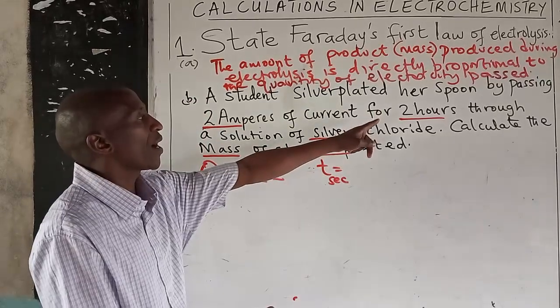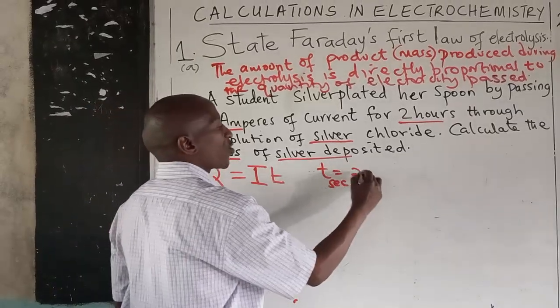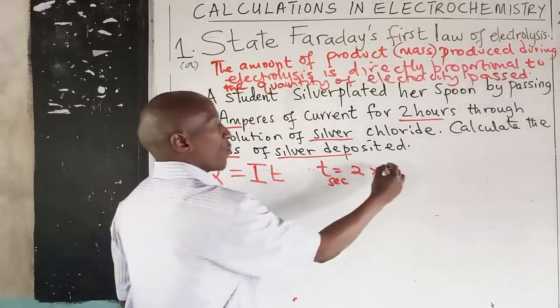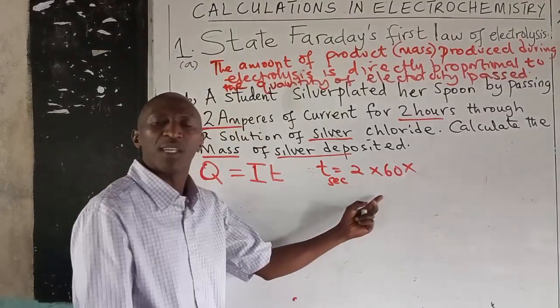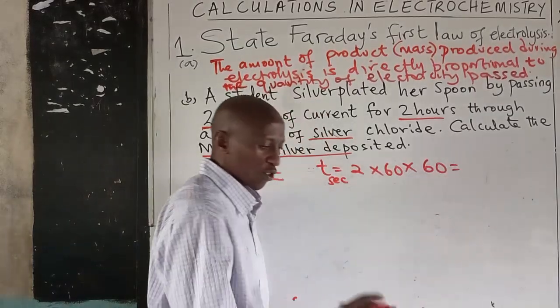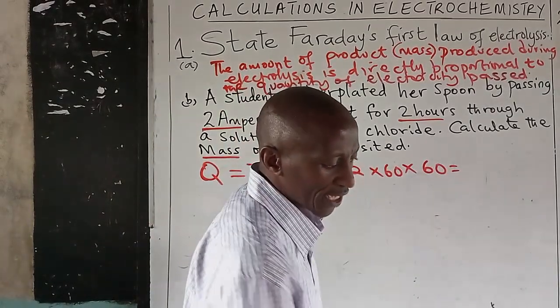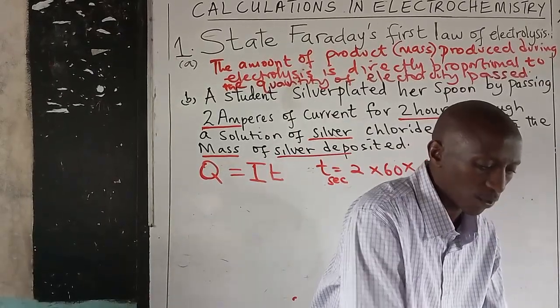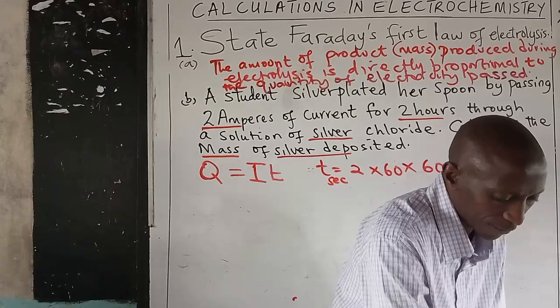So looking at our time here, it is given as 2 hours. 2 hours, we convert it to minutes, multiplied by 60. We convert those minutes to seconds, we multiply by 60, and students, key that on your calculator and let us know what we obtain from that.